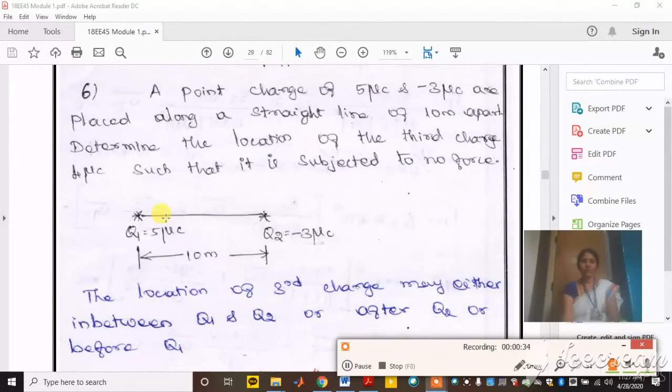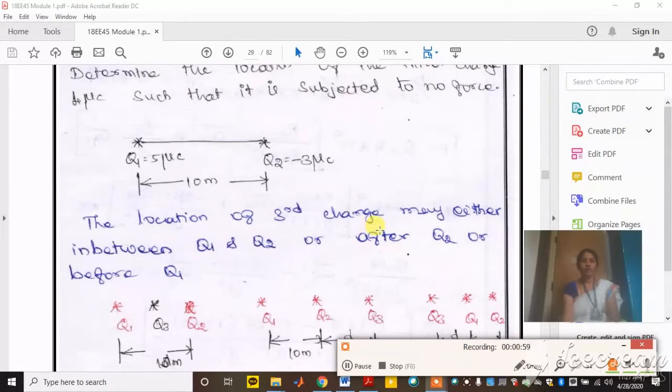Somewhere on the straight line, the third charge is also going to fall, where the force exerted is going to be 0. Now there are three possible ways of placing this 4 microcoulomb charge. We can place it after charge Q2, or in between charge Q1 and Q2, or before Q1.